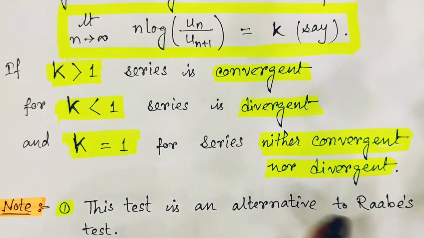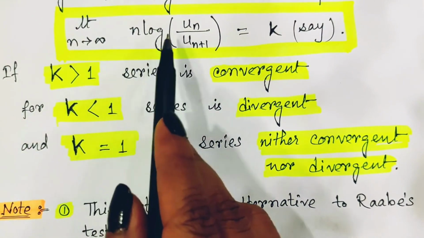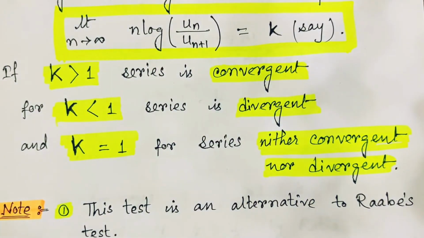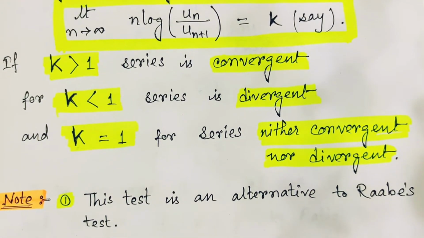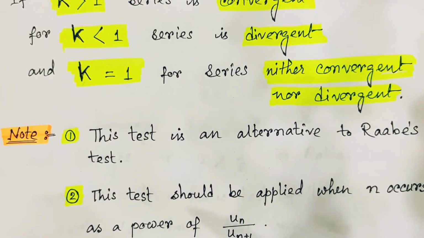So we should take the limiting value of n log un divided by un plus 1. This is our log test, but at first we should know when to apply it. First of all, this log test is actually the alternative of Raabe's test.